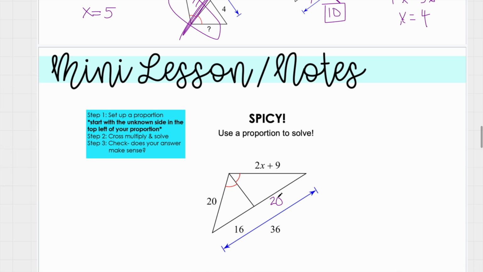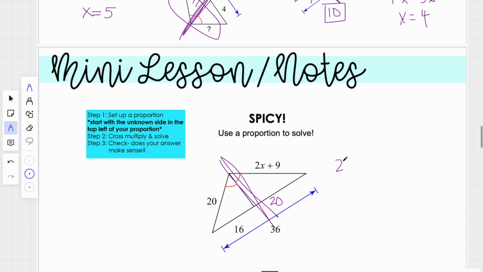And then we're going to go ahead and set up the proportion so that expression will be on the top. 2x plus 9 is going to be sitting on top of 20. And then on the right hand side, that's going to equal 20 over 16.